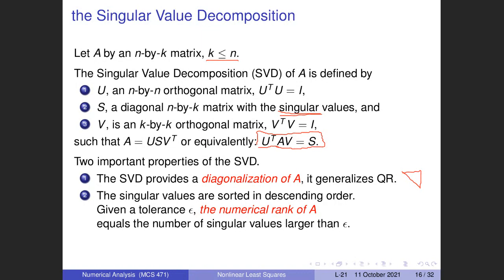In the geometric view, this is where the numerical rank comes in. So the singular values are sorted from large to small, and we are cutting off after a certain threshold. So singular values that are small are ignored.